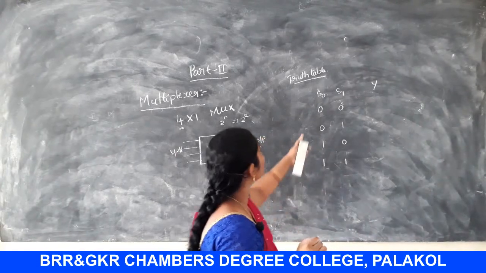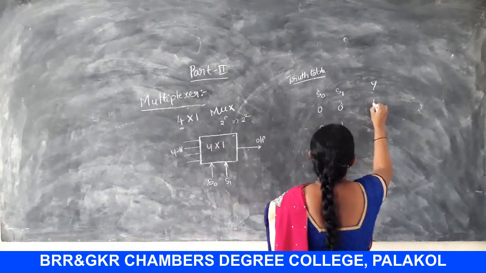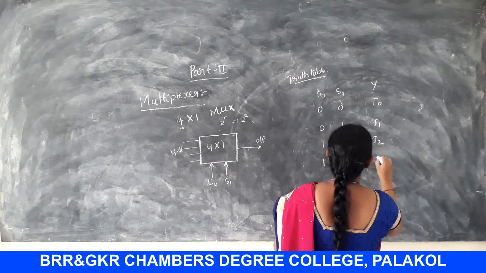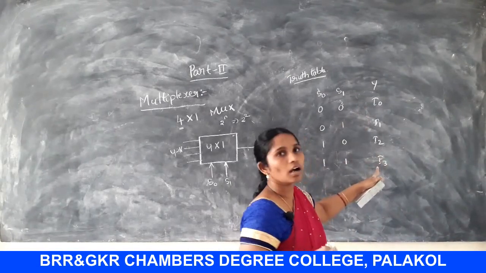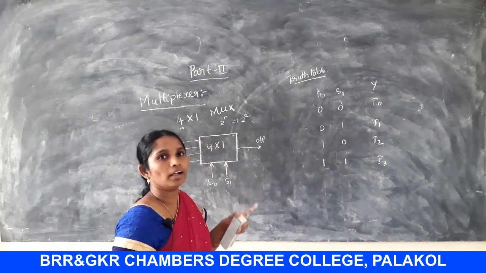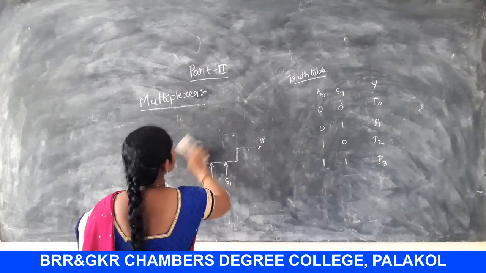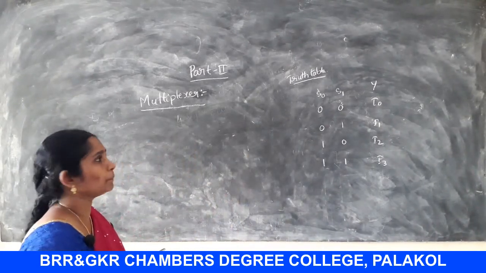For these selection lines it will select the output: I0, I1, I2 and I3. So these outputs are produced depending upon the selection lines. Now I will draw the circuit diagram for this 4 cross 1 multiplexer.